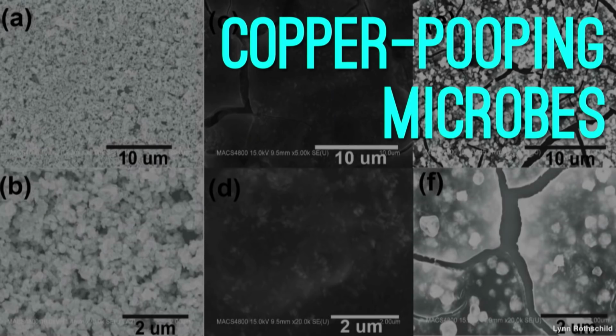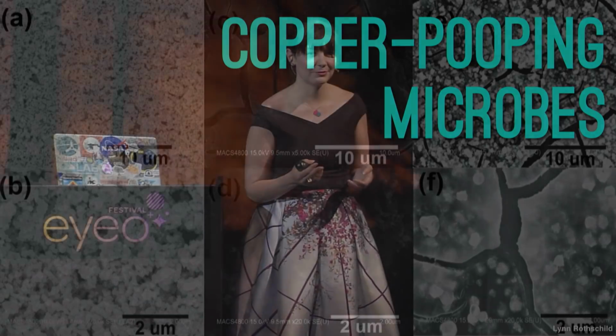Other stuff I love are copper-pooping microbes. A synthetic biologist by the name of Lynn Rothschild applied to this NIAC program, and her project was all around creating synthetic microbes that can eat lots of different types of metal and stuff that's in electronics, and then poop out copper.